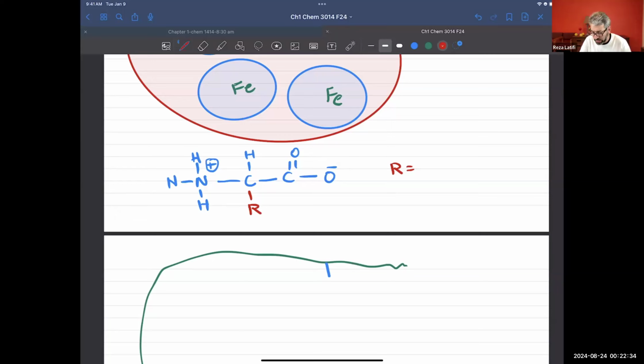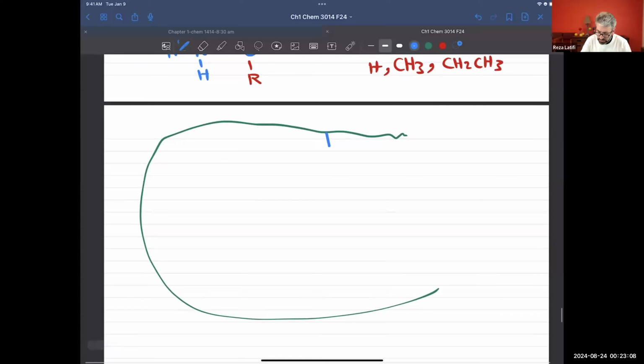And how do we get the 20? We change this R, or the alkyl group. Again, the R keeps changing. It can be CH3, it can be simply an H, or say ethyl, or other groups. Now, if you take this, for example, here we have an amino acid.